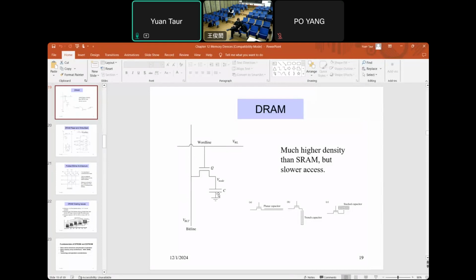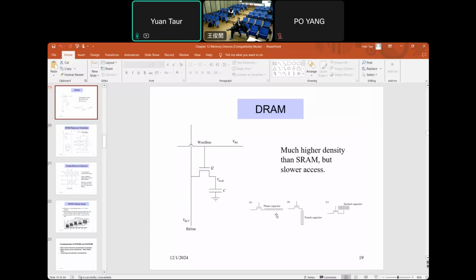Dynamic RAM is a very small cell, one transistor and one capacitor. And there was a question about the capacitor. Actually, there's a configuration where the capacitor is stacked over the transistor to minimize the area of the cell, and that's what is being practiced.